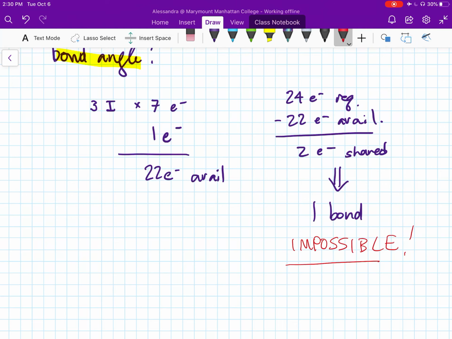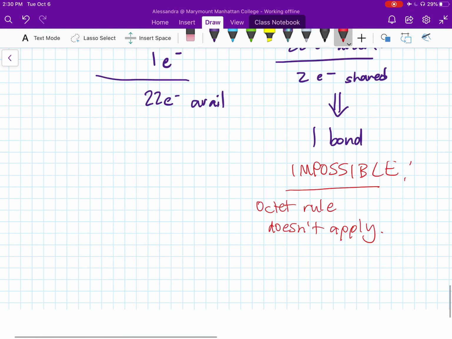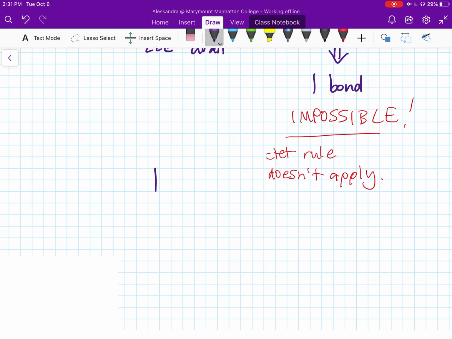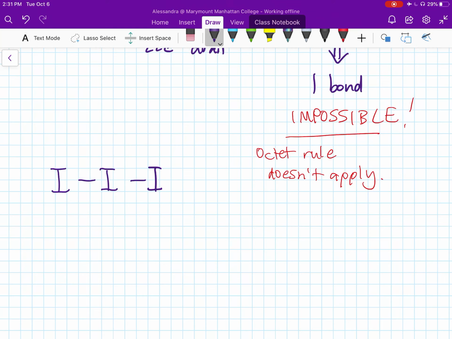This must be a case of valency expansion because the octet rule cannot possibly apply here, because that just will not work out to build the molecule with only 1 bond. So since I'm throwing the handy hints out the window, I am just going to try to build that triiodide ion the best I can by using the electrons that I have available.